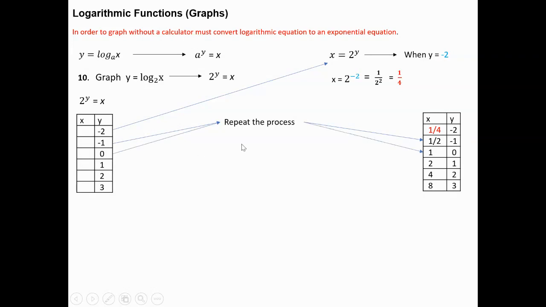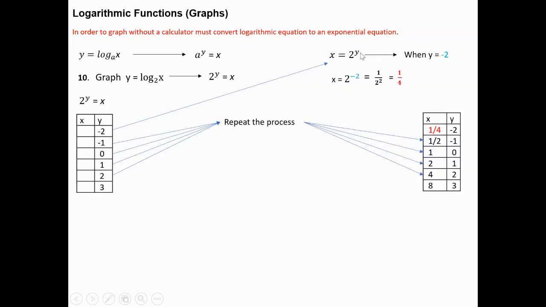When y is 0, x will be 1. Because all we're doing is plugging in values for y, and then we'll get the value for x. So when y is 1, 2 to the first power, x is 2. When y is 2, we plug in 2 there, and x will give us 4.